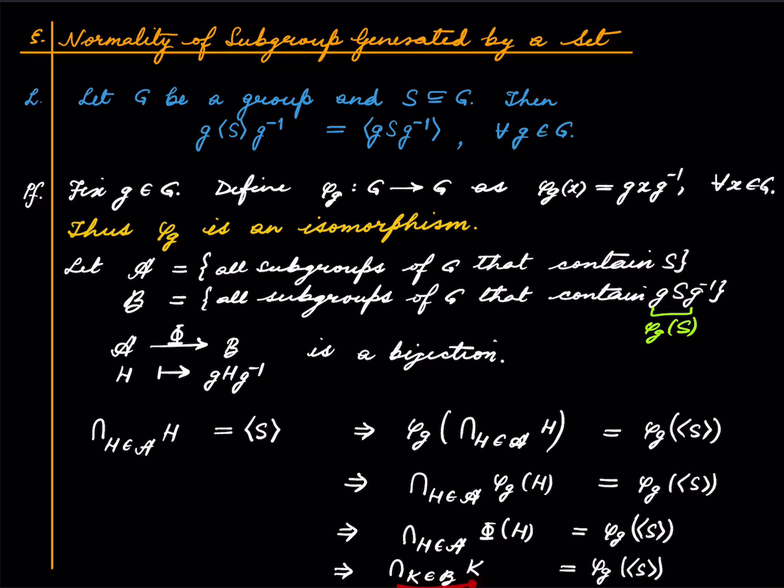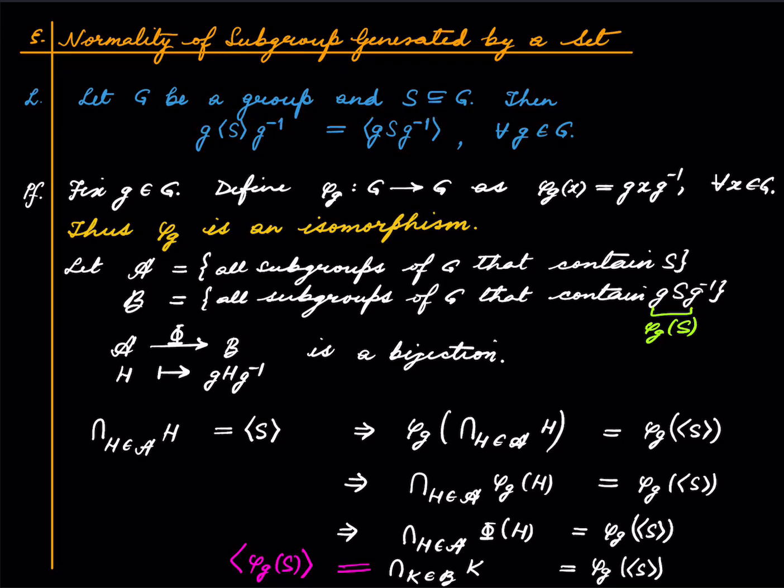So what is this left hand side? The left hand side is the intersection of all the subgroups of G which contain this guy, and therefore this is the subgroup generated by, I don't have space, but let me, so this thing is the subgroup generated by phi G of S. So this is equal to that, and that's precisely the statement of the lemma.